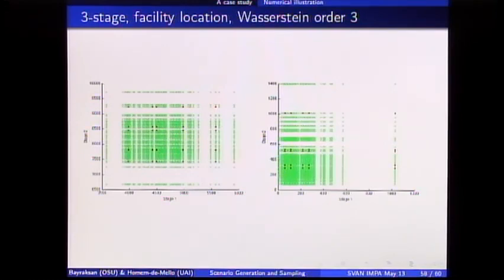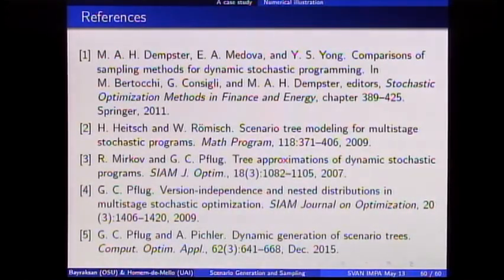Okay, so just to finalize here, I want to give you some references. Like I said, this survey that we wrote with Güzin has all the references for the sampling part, the assessment of solution quality, and Monte Carlo methods. These ones I put here because they are not in the survey. The whole part that we did today about scenario probability metrics is not part of the survey.